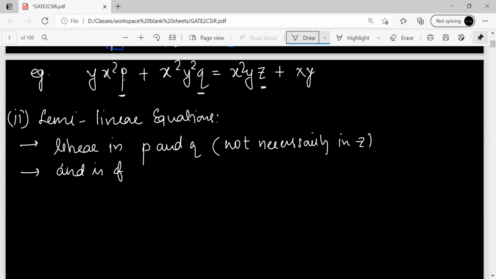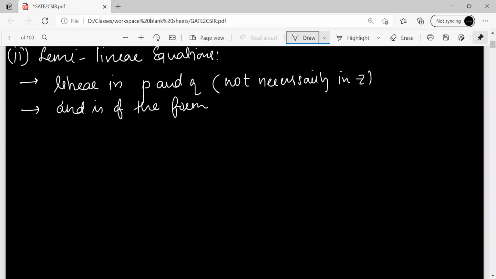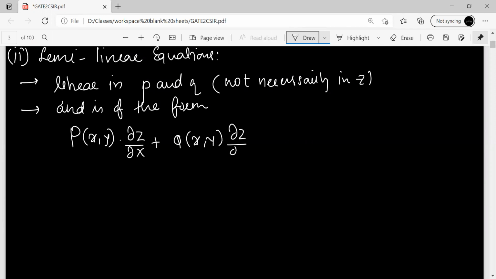This form is very important, and please take care of the form. Earlier, capital P was a function of x, y, and z all, but here in semi-linear, it should be a function of strictly x and y only. They are only functions of x and y. That's the basic difference between semi-linear and linear.